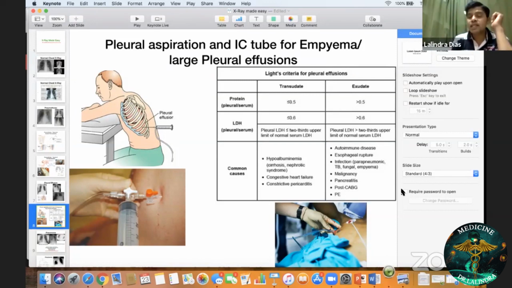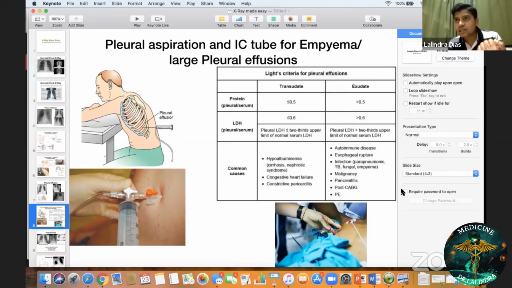All right. So what are the examples of transudates? What are the examples of exudates? So the examples of transudates are heart failure. You know, in heart failure also you can get pleural effusions. So examples of transudates: heart failure, cirrhosis, chronic kidney disease, nephrotic syndrome, then hypothyroidism, right?